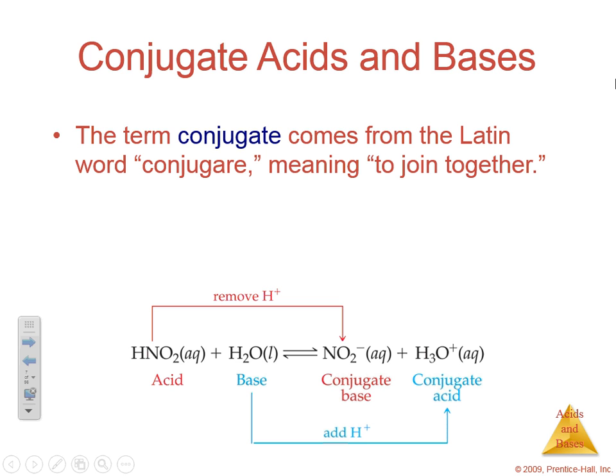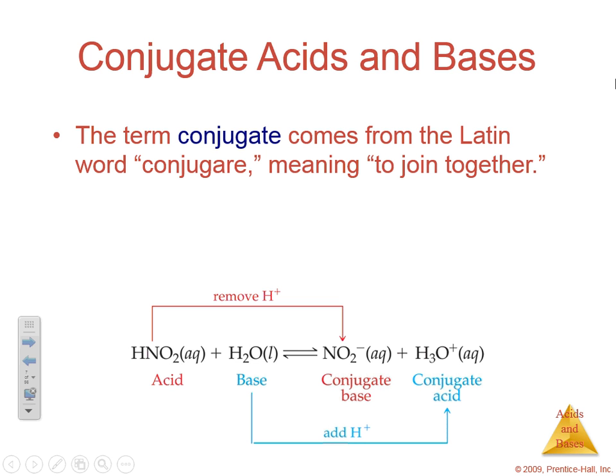Anytime we have an acid in water, or even a base in water, remember we're going to have a conjugate acid and a conjugate base. The conjugate is what's left over. A conjugate base is the leftover of the acid, and a conjugate acid is the leftover of the base. In this example, we started with HNO2.